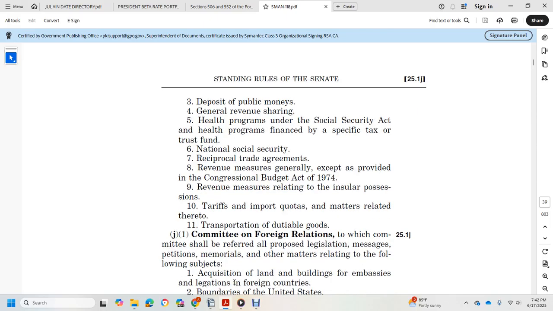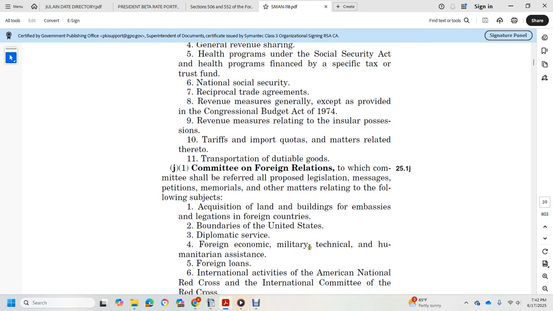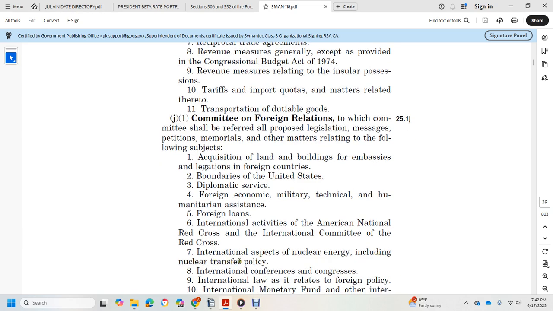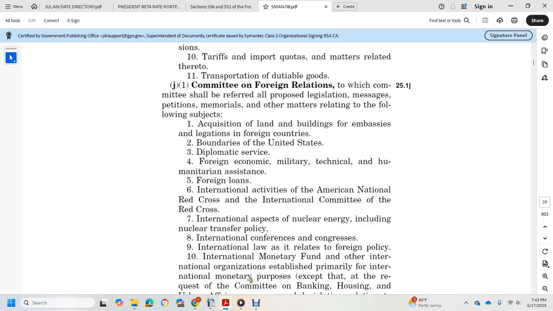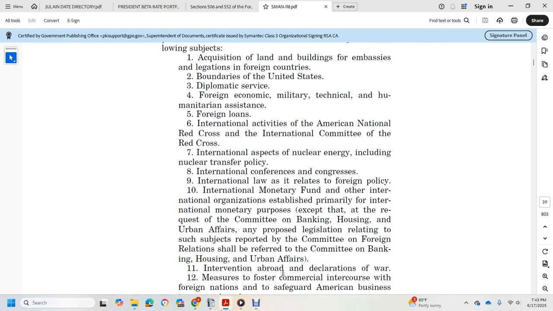Committee on Foreign Relations, to which committee shall be referred all proposed legislation, messages, petitions, memorials, and other matters relating to the following subjects: acquisition of land and buildings for embassies and legations in foreign countries, boundaries of the United States, diplomatic services, foreign economic, military, technical, and humanitarian assistance, foreign loans, international activities, the American National Red Cross, the International Committee of the Red Cross, international aspects of nuclear energy, including nuclear transfer policy, international conferences and congresses, international law as it relates to foreign policy, the International Monetary Fund, other than international organizations established primarily for international monetary purposes, except that at the request of the Committee on Banking, Housing, and Urban Affairs, any proposed legislation relating to such subjects reported by the Committee on Foreign Relations shall be referred to the Committee on Banking, Housing, and Urban Affairs.